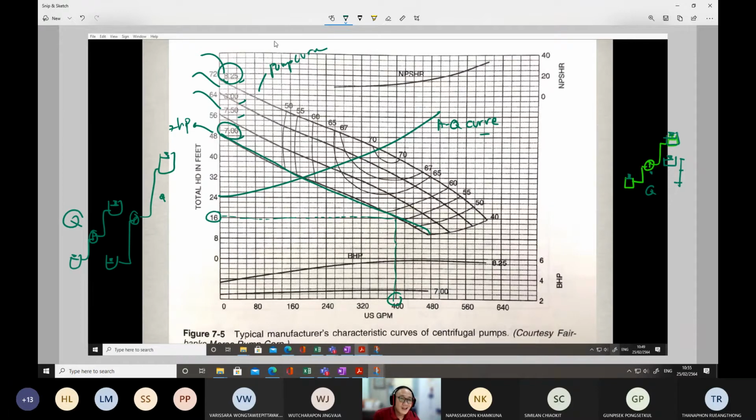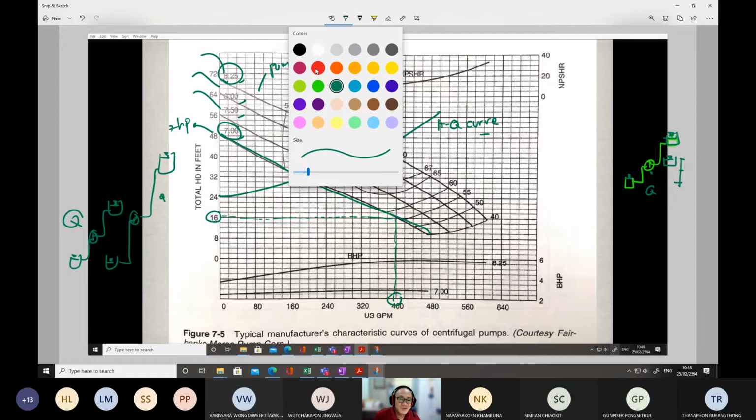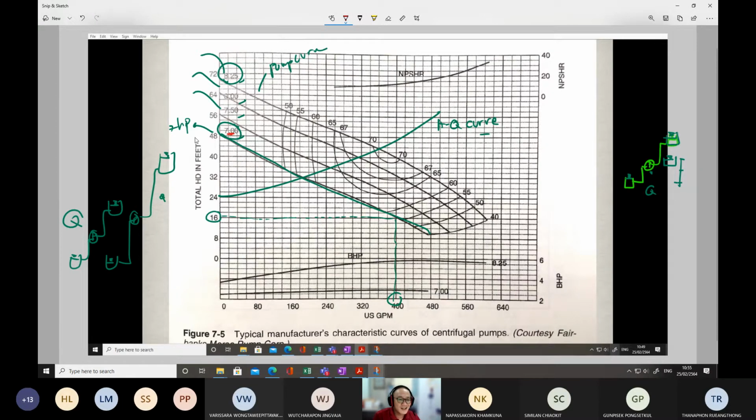What does it mean? It means that if you choose 7 HP, it can actually deliver the flow up to these values only. This may be 180 maybe, and then the head would be around 32.